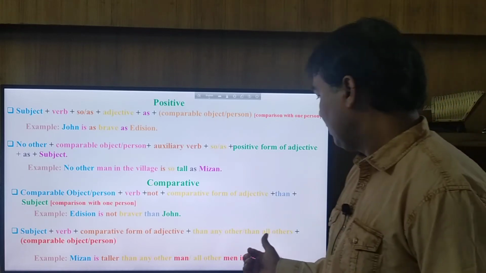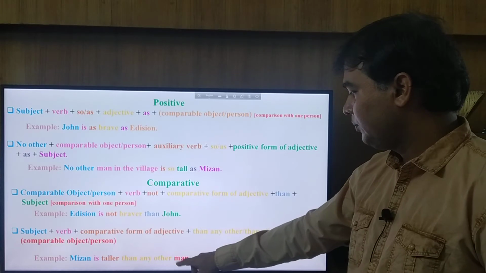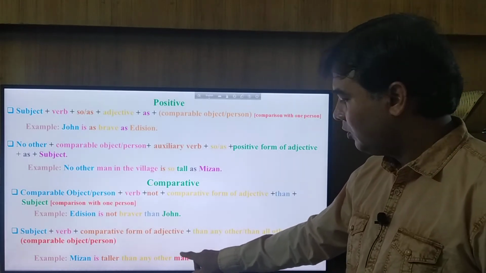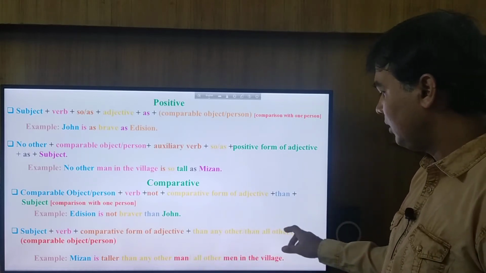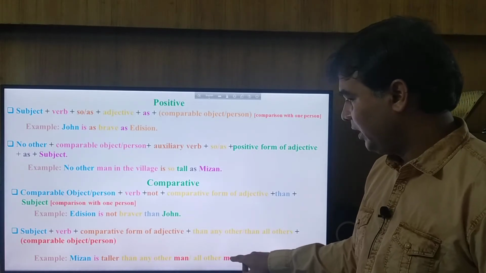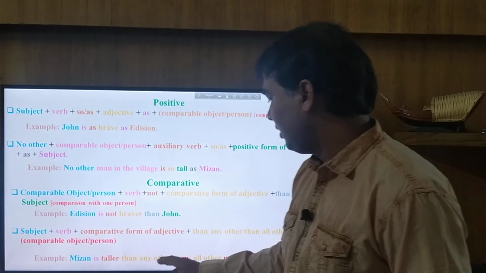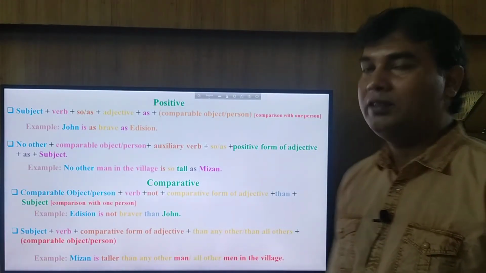If you use "than any other", then the person or the object would be in singular form. But if you use "than all other", then you have to use the object or person in plural form, men. So the answer is: Mizan is taller than any other man in the village or all other men in the village.